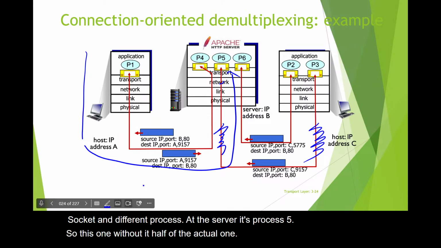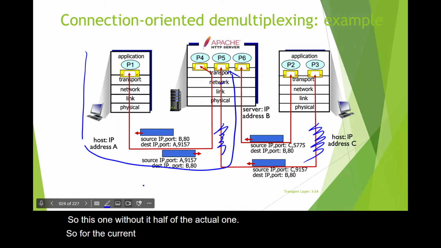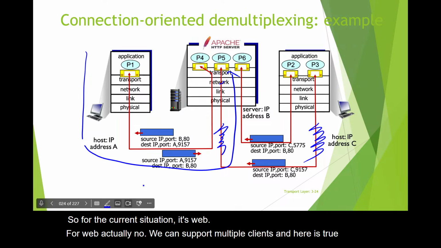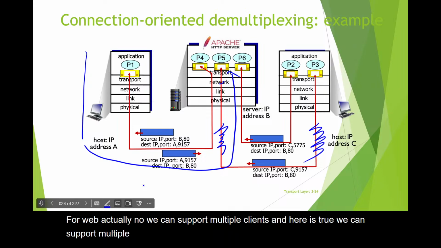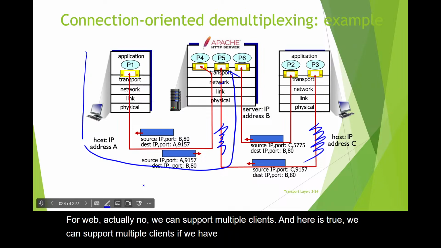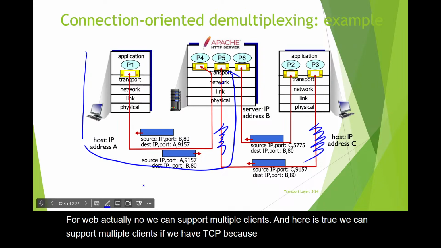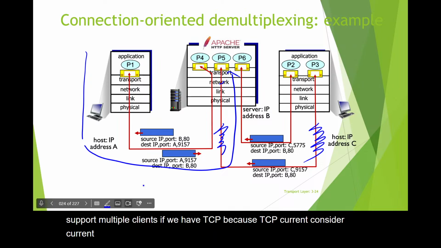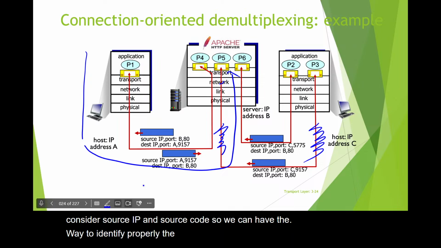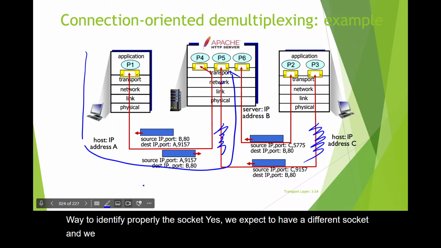For the current situation, it's web. For web, we can support multiple clients. And here it's true, we can support multiple clients if we have TCP, because TCP currently considers source IP and source port, so we have a way to properly identify the circuit. Yes, we expect to have a different circuit, and we have a different process.